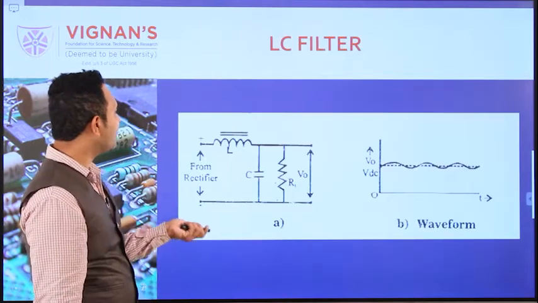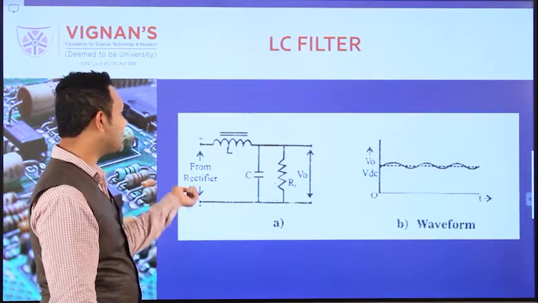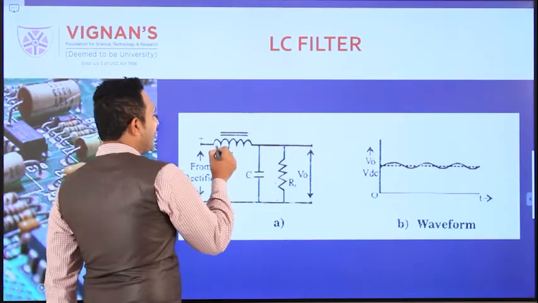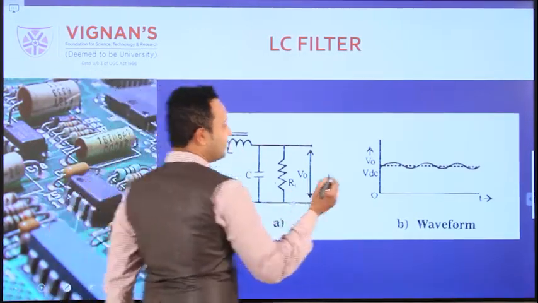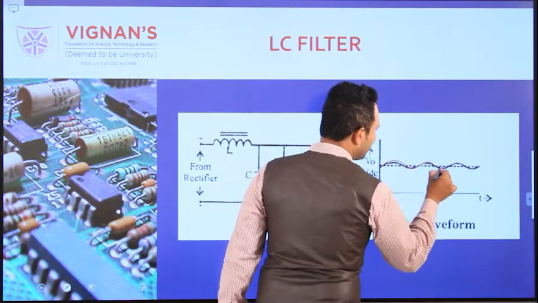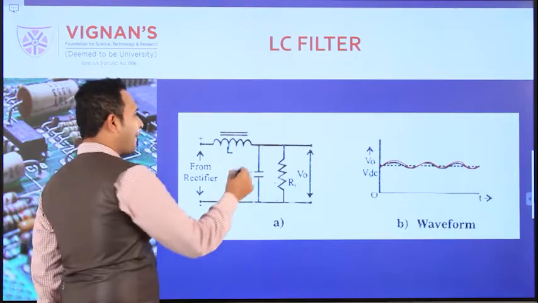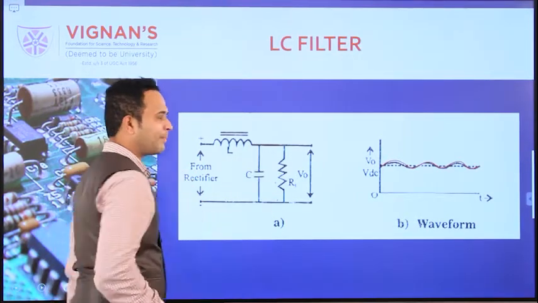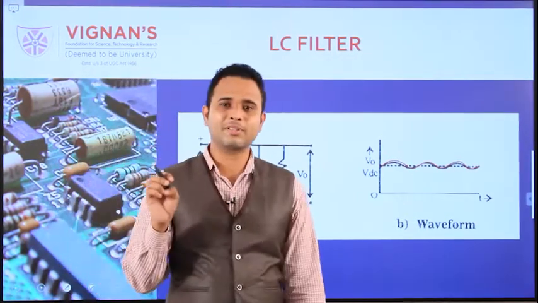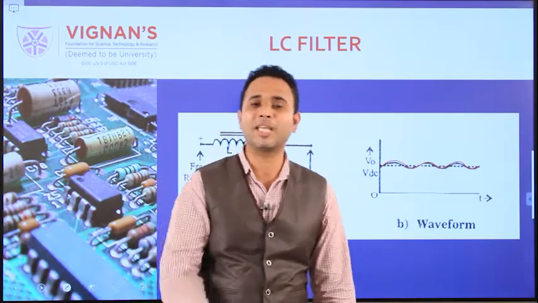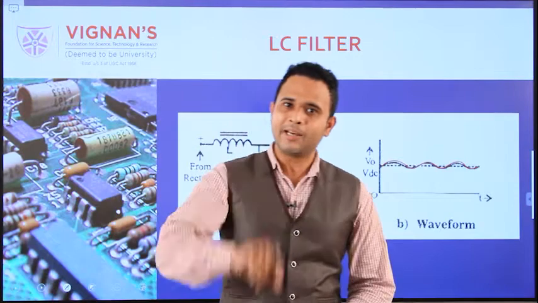Coming to the L section filter operation itself. Here we have one inductor, so we are getting the maximum DC only. In parallel we are connecting the capacitance. Why the parallel capacitance? The output depends upon the load resistance, so we have to consider the load resistance.